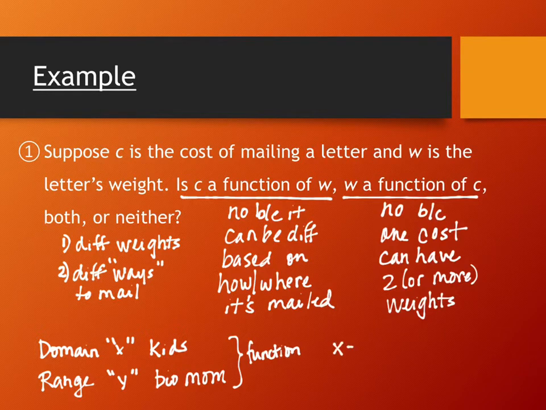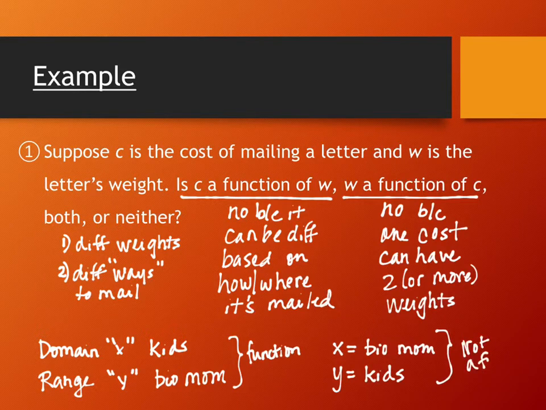So if my domain x is actually all the bio mothers, right, bio moms, and y is all the kids, you cannot say that every individual biological mother has exactly only one kid, right? In fact, I don't know the percentages, but it's probably most that don't. I mean, only children are sort of the exception, not the norm, at least in our society. So this one would be not a function.